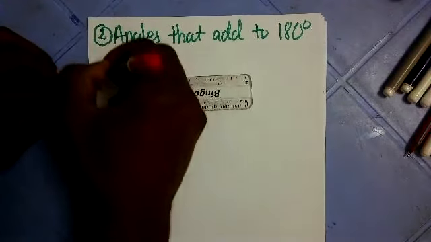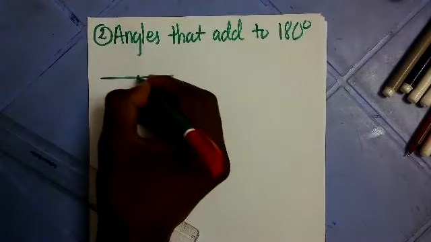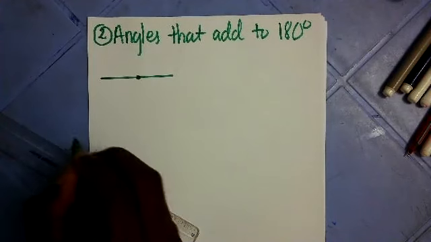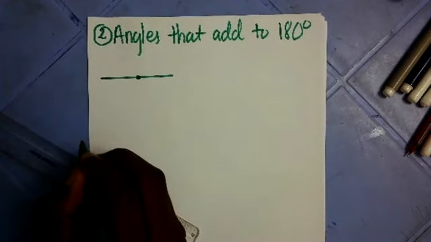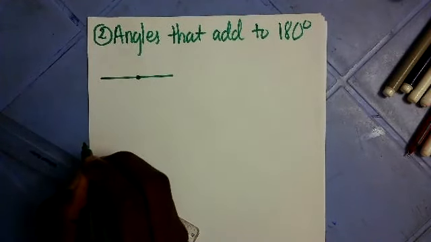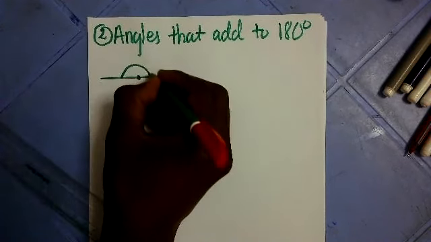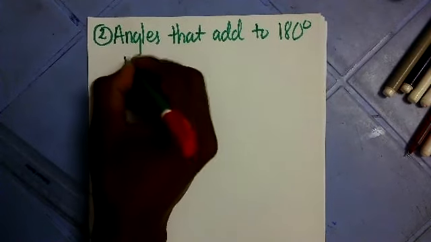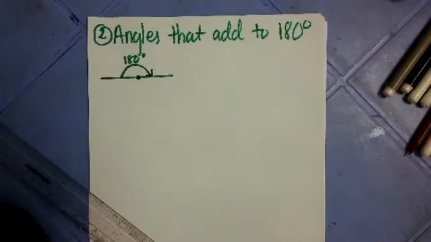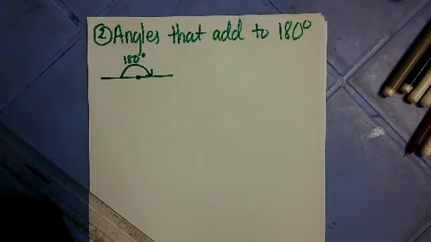So basically, the angles that add up to 180 degrees form a straight line. A straight line is always 180 degrees.